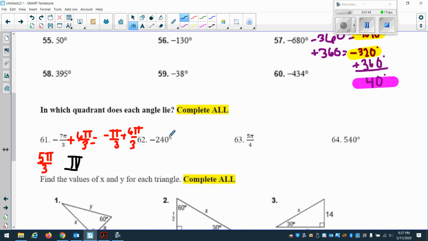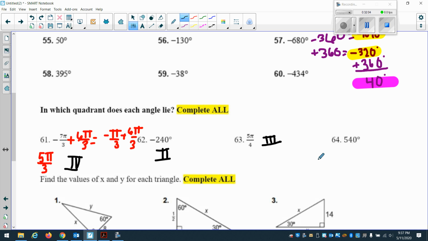So for 62, you would add 360. Okay, you would add 360 to get 120, which is in quadrant 2. 5 pi over 4 is an actual angle on the unit circle. That is 225. So that's quadrant 3.